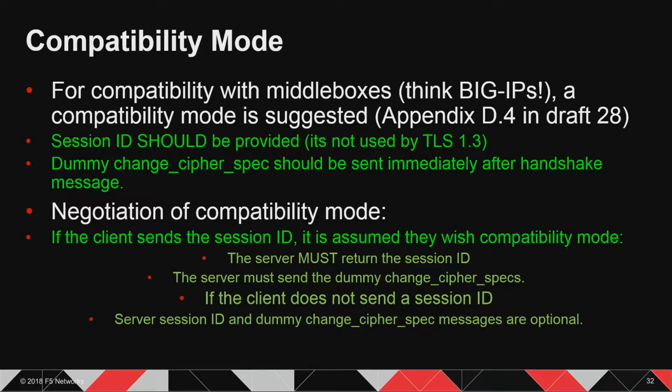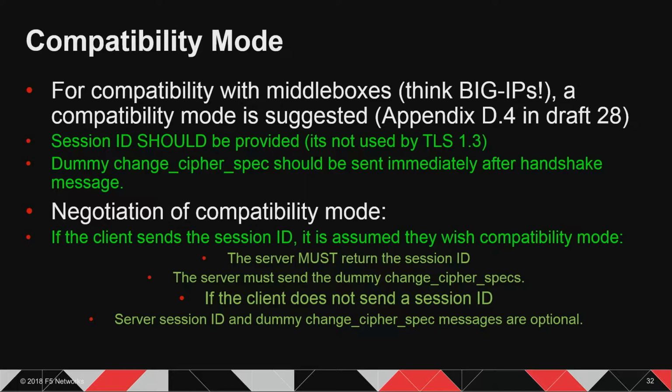So the server is supposed to send the session ID back, even though neither end cares about it, the middle boxes probably do. It's supposed to send the dummy change cipher spec message at the end of the handshake, again, even though it means nothing. If the client doesn't send a session ID, the server can send that stuff, but it doesn't have to.